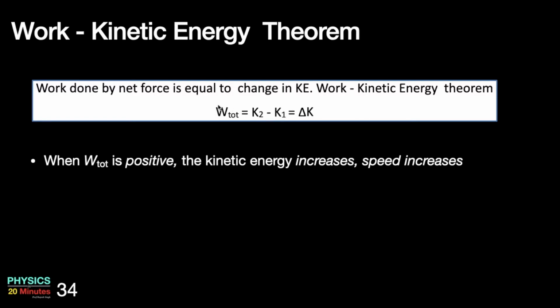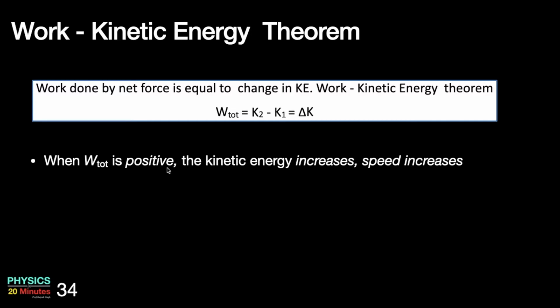When W total is positive, the kinetic energy increases, speed increases. Remember, if this is positive, then K2 has to be greater than K1. If K2 is greater than K1, that means final speed has to be greater than initial speed. So when speed is increasing, the total work done is positive.